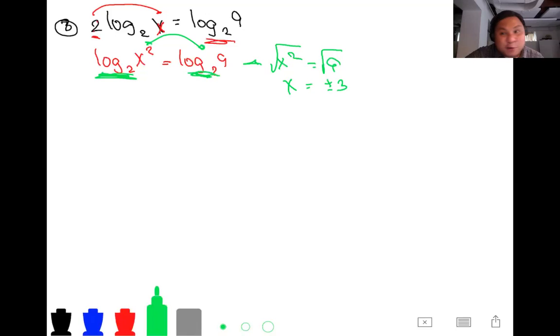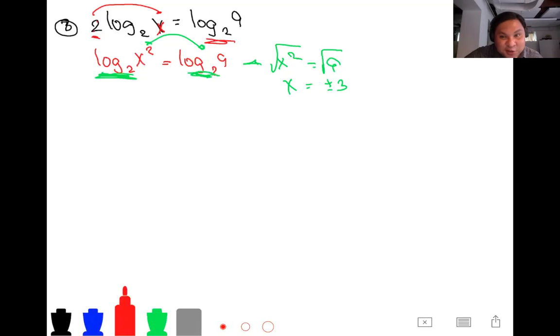All right, so I'm going to go over the regular steps. But if you're in a test and time is of the essence, of course, you can just go and cancel them because it leads to the same thing. Okay. But of course, it's important that you understand what the correct process is.